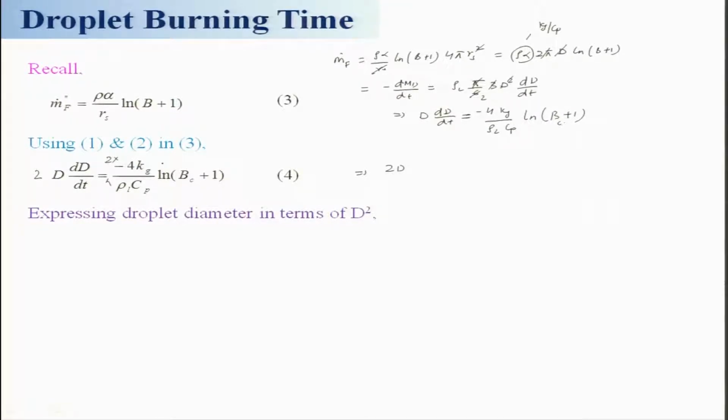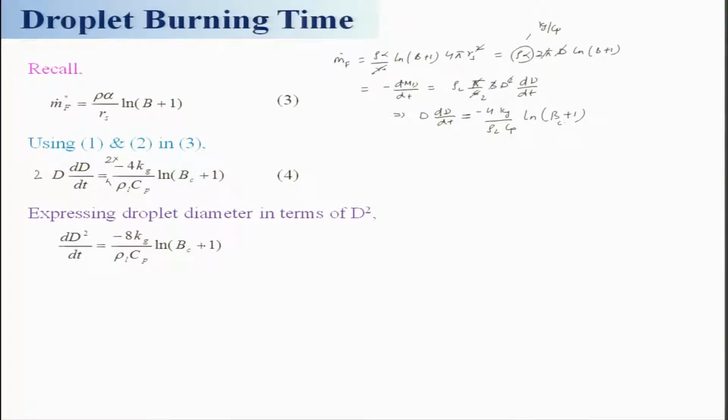So, what I will be getting is d square, because I can take this inside, and d d square dt is equal to 8 kg by rho Cp ln B plus 1.